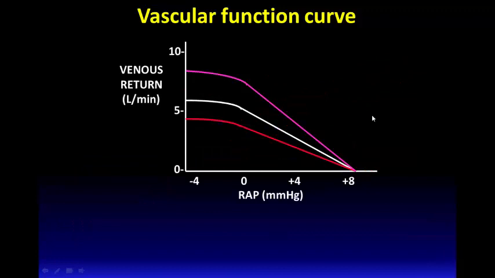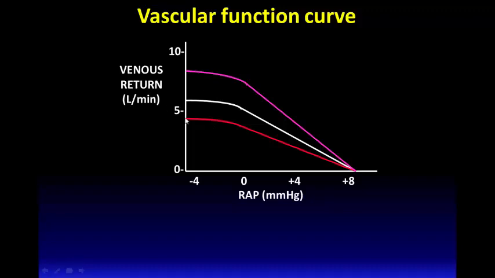Now, let's describe the effects of changes in the total peripheral resistance on the venous return curve, on the vascular function curve. The curve in white is the venous return curve with normal total peripheral resistance. The curve which is pink in color, this is the venous return curve with reduced total peripheral resistance.